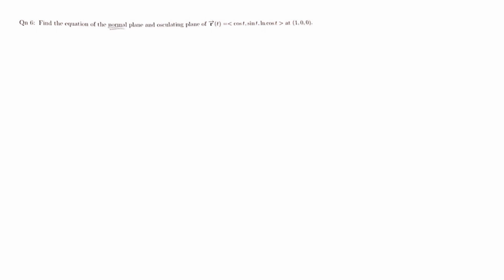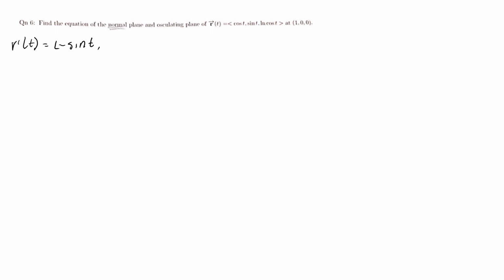Find the equation of the normal plane and the osculating plane for r of t equals cosine t, sine t, and ln of cosine t at the point 1, 0, 0. To start off, we're first going to take the derivative of r. The derivative of cosine is negative sine.